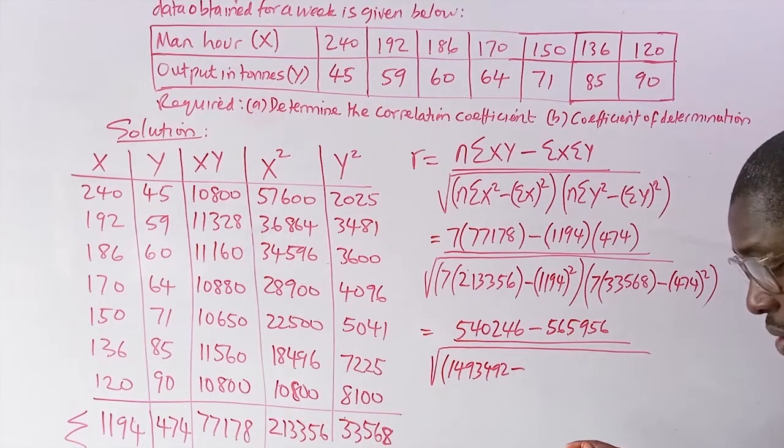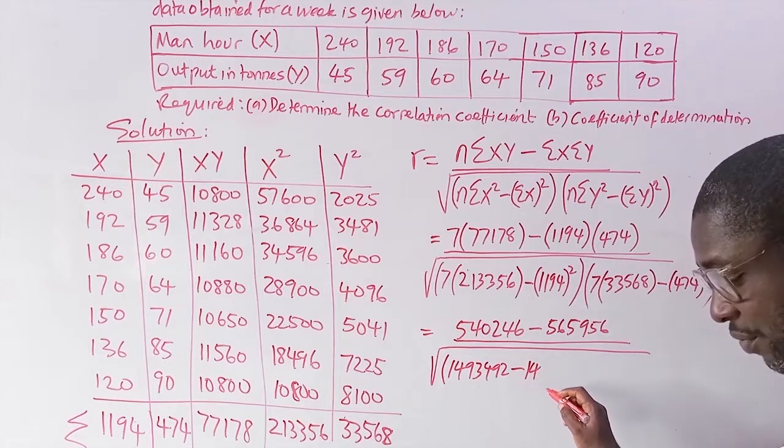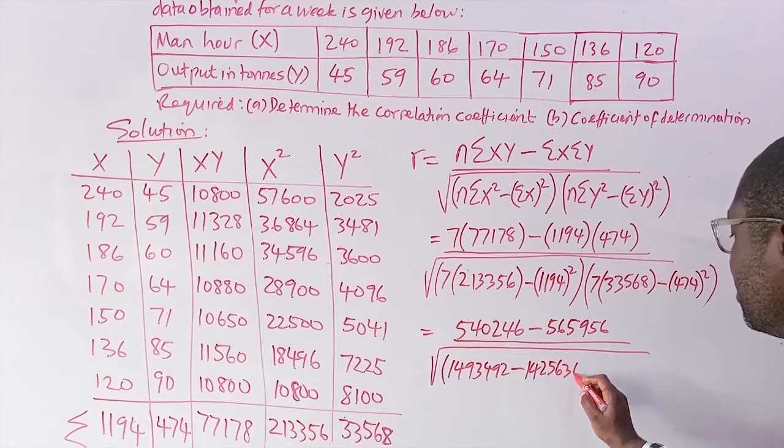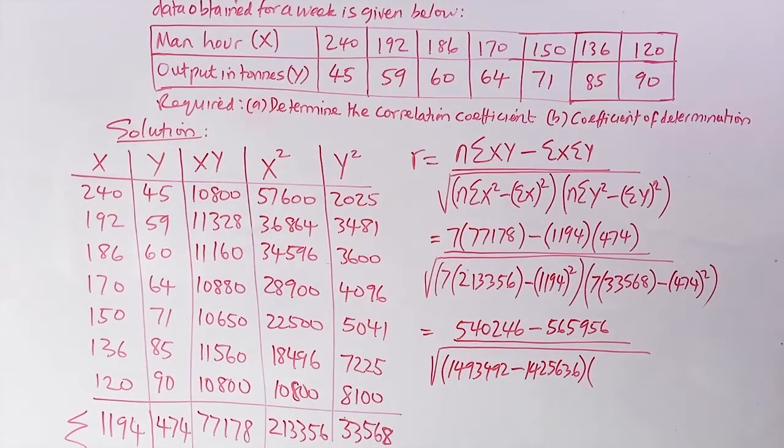Square of 1194 will give us 425,636. Okay, open bracket again. We now find this one, the product of 7 and 33,568. That should give us 234,976 minus 224,676. So that's what we have.